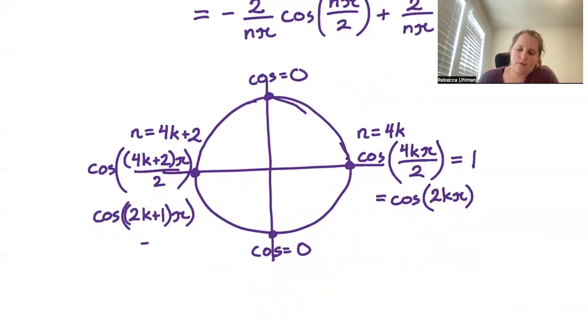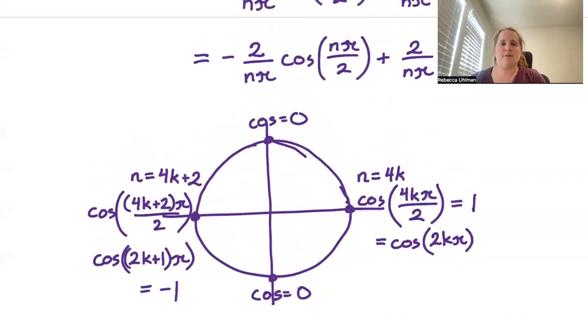And that will give us our negative 1. So we have 3 interesting cases going on. We have the case where we're 0, the case where we're 1, and the case where we're negative 1. Again, our zeros come from n being odd.